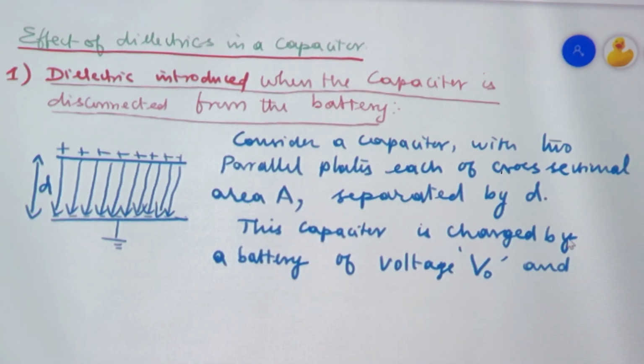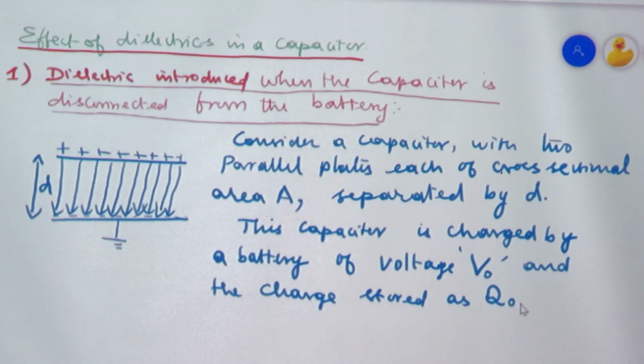If I am supplying a voltage to the plates of the capacitor with the help of the battery, then the plates get charged, and the charge stored is Q0. The applied potential is V0, and because of that, the charge stored is Q0.